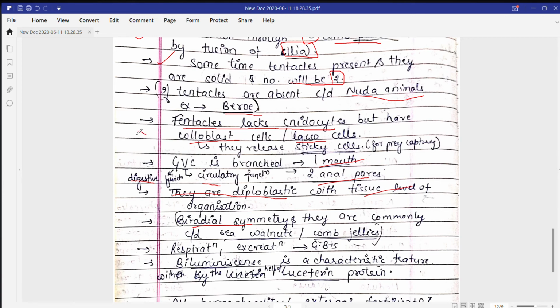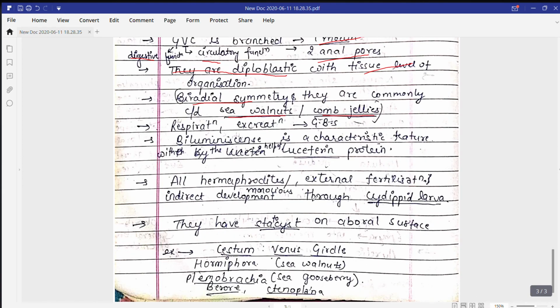In radial symmetry we can cut an organism into many equal halves through many planes, but in biradial we can divide by only two planes. They are commonly called sea walnuts or comb jellies. Respiration and excretion occur through the general body surface, as they have no special system for them.